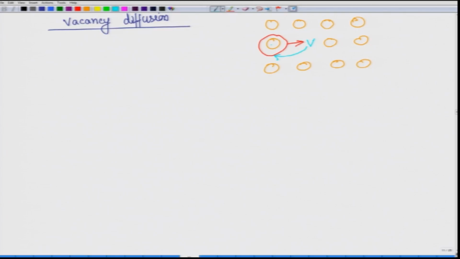The only difference being that for this vacancy, if you look, all these sites are available, all these sites are available. On the other hand, for the self diffusion, as you remember, we said that we have to calculate what is the fraction of available sites, and for that we multiplied it by that factor x_v.